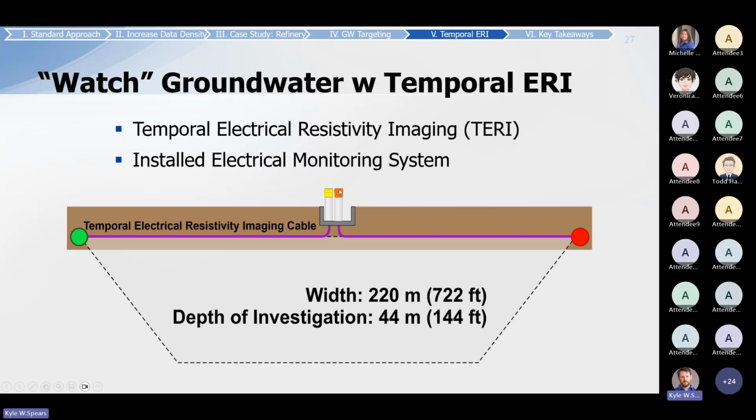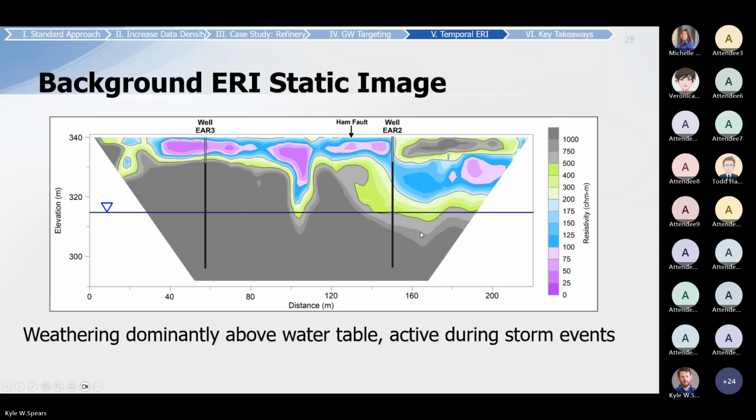So, a diagram of it there. You've got your hookups for your instrument, and then you're going to see everything inside this trapezoid. You're going to see down 144 feet and 722 feet in length, and you're able to watch everything happening in your aquifer in this domain here. So this would be the first image that was collected, and we can see our epikarst zone in the bright colors up top, bottoming out right there at the water table.